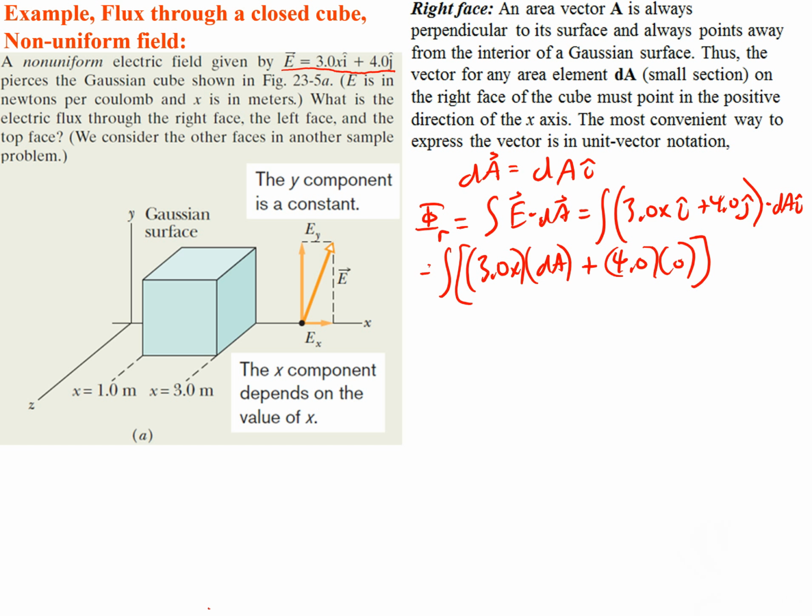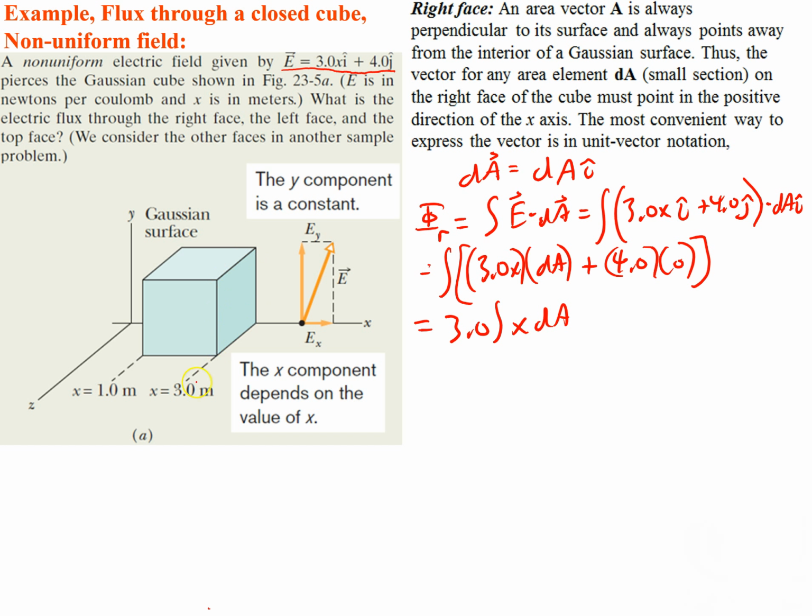Okay, so this is just going to simplify to 3.0x times dA, and we can pull 3.0 out of the integral times x dA. Well, x is definitely variable in this case, but when we're talking about just the right face, so just this face over here, x is actually going to stay the same, right?